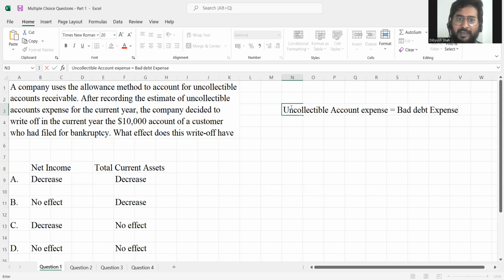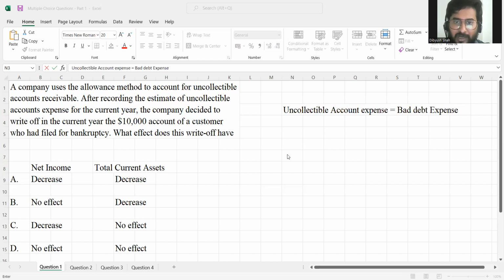So after recording the bad debt expense for the current year, the company has written off $10,000 of a customer who has filed for bankruptcy. What effect does this write-off have on net income or total current assets?